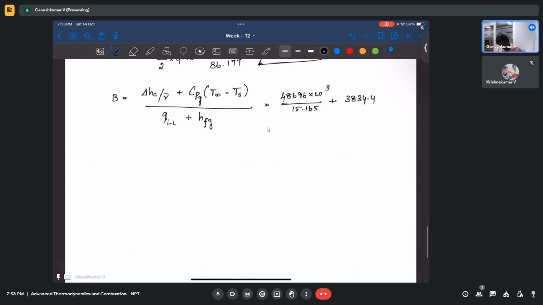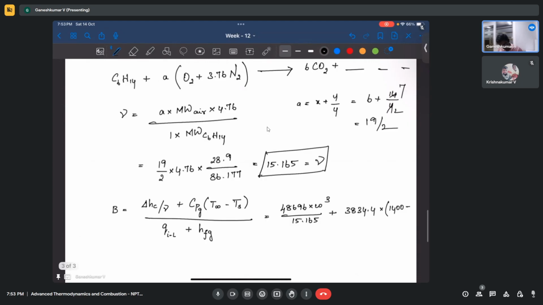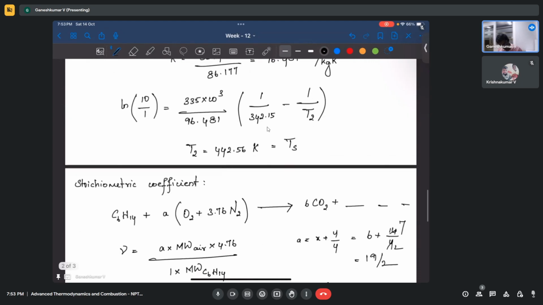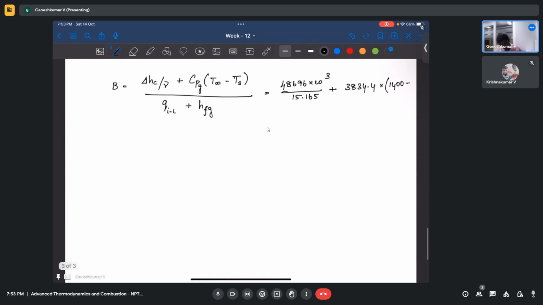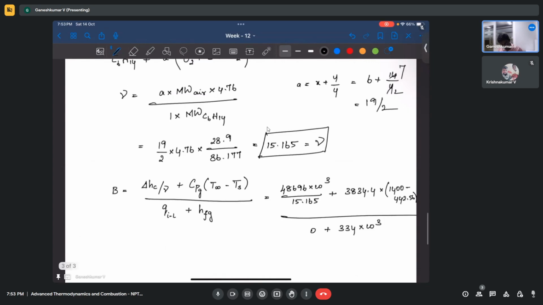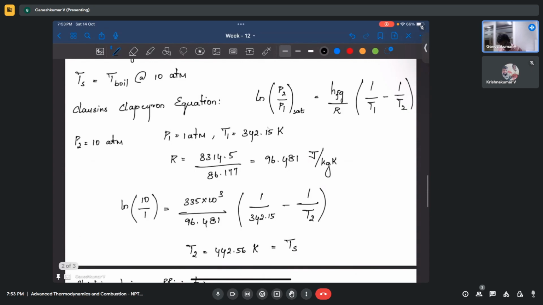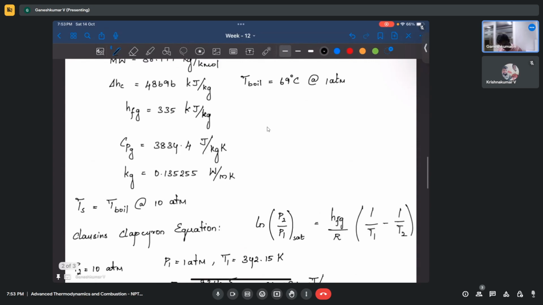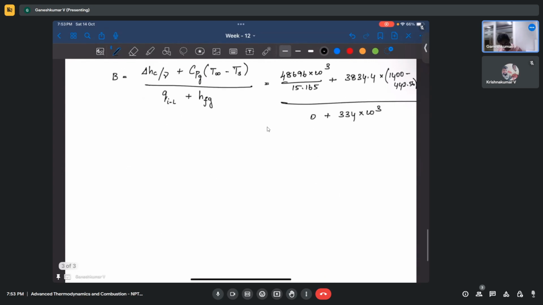And then T infinity is 1400 minus Ts. We just found out it's 442.56, divided by QIL, which is 0, and we have 335 into 10 power 3.